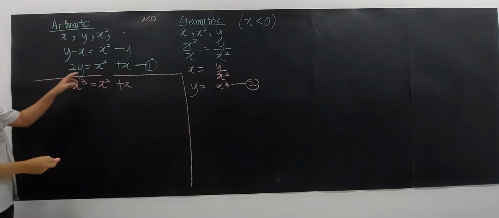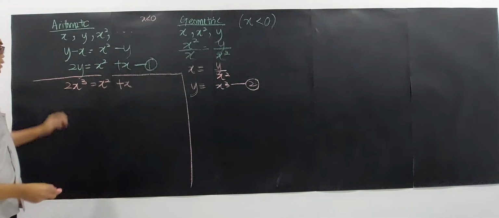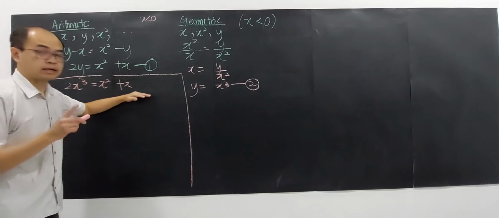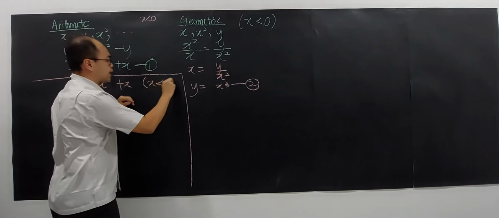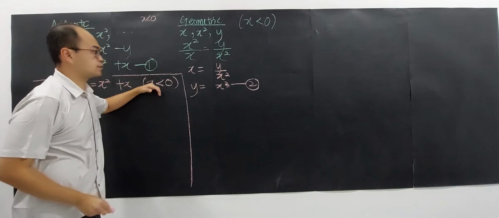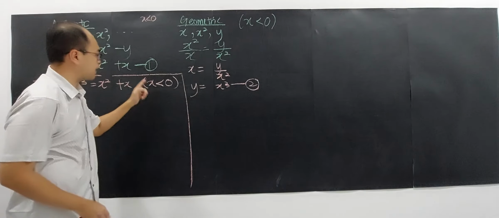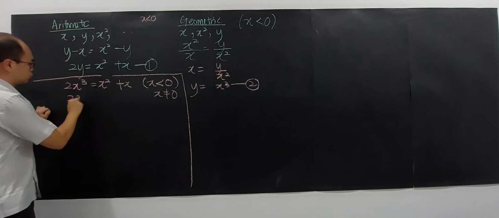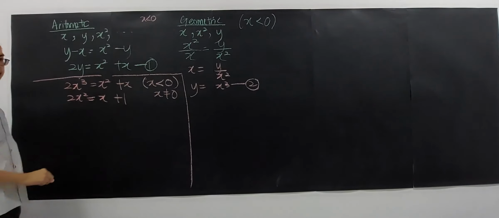In this specific case, they already mentioned x is a number less than 0, which means it's not 0. When you know that x is not 0, you can divide everything by x. So 2x squared equals x plus 1, dividing every term by x.